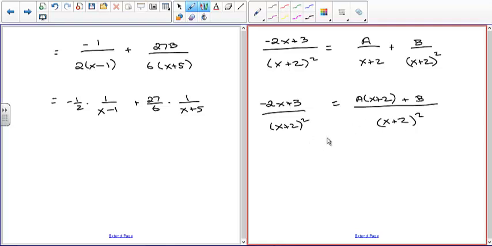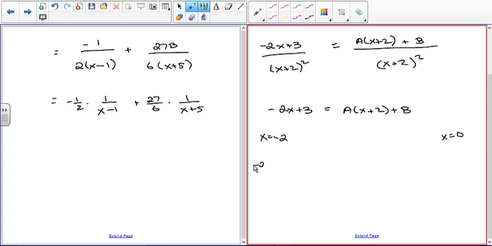So now we have the same denominator, so we can set the numerators equal to each other. And again, we can judiciously choose x. One choice for x is to make this go to 0, so that happens when x equals negative 2.